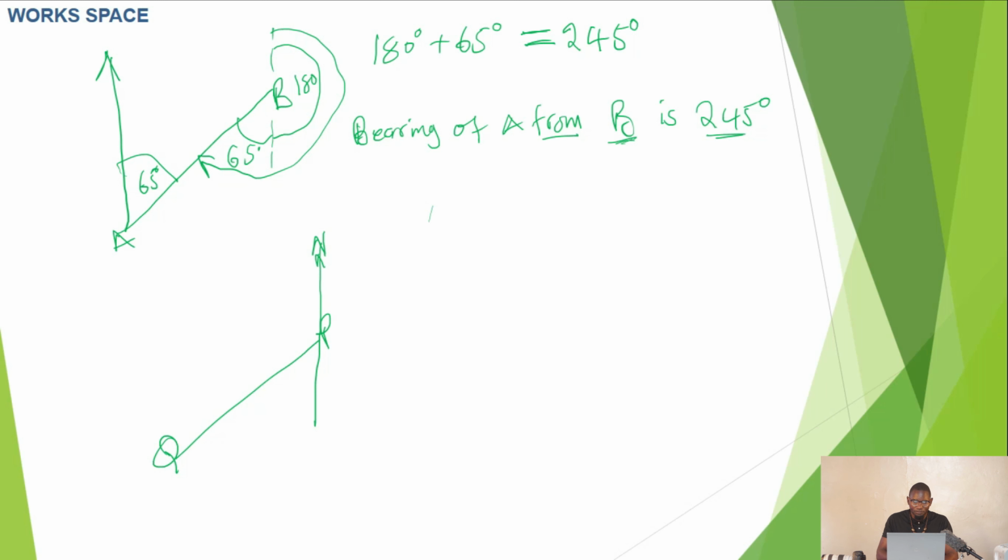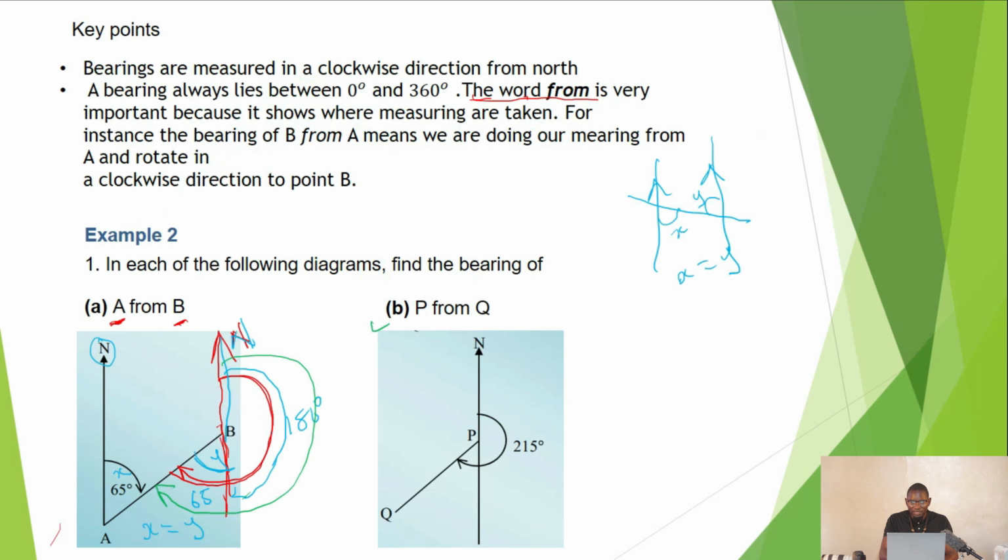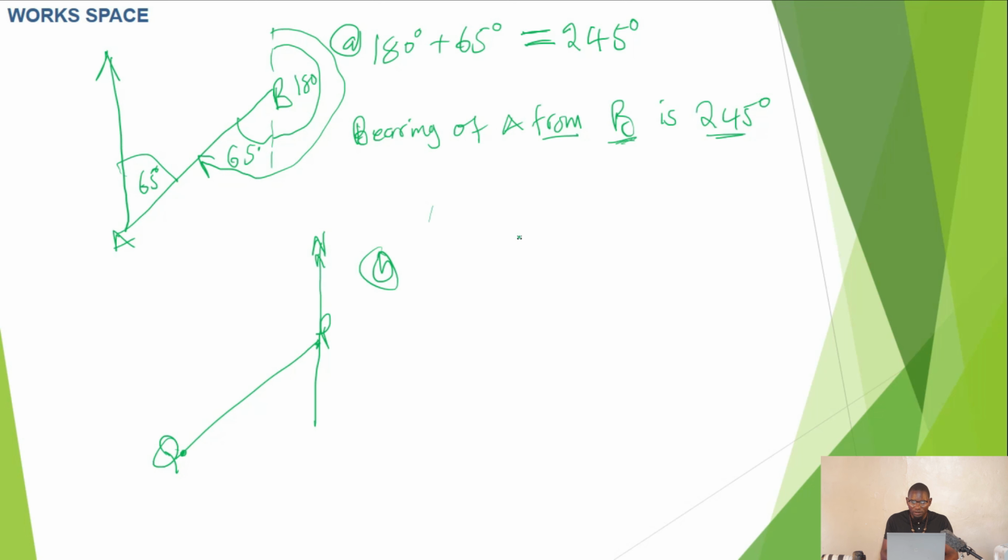So this is point P and this is our point Q. Now looking at B, they have said find the bearing of P from Q. So like we have said, they have said from Q, this is where we have to take the measurement.